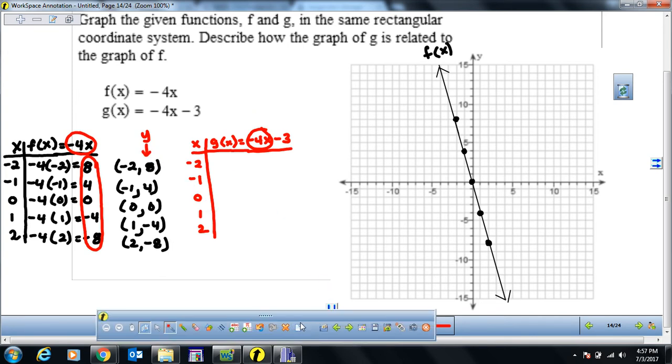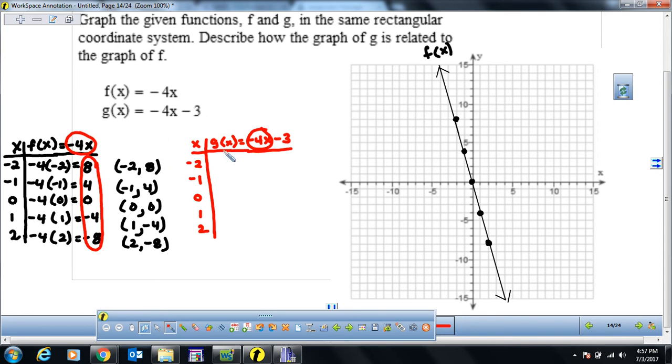That any time that I have a function that looks exactly the same as another function, same equation, the only difference is that one function has a plus or minus a number, that number is going to affect the y's in the sense that it's going to be either added or subtracted to the y values.